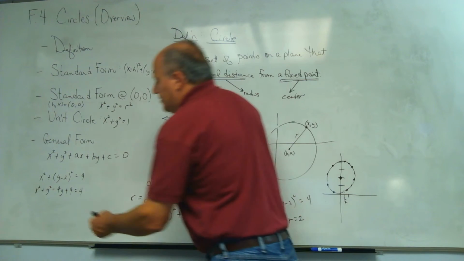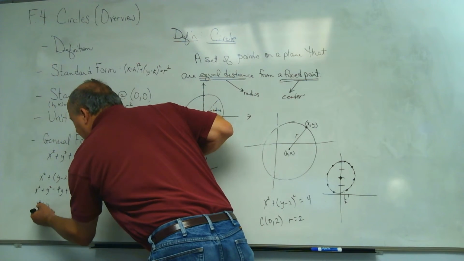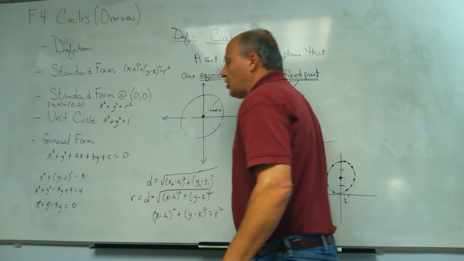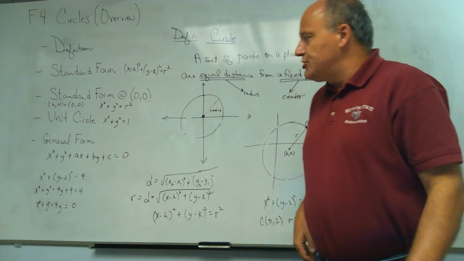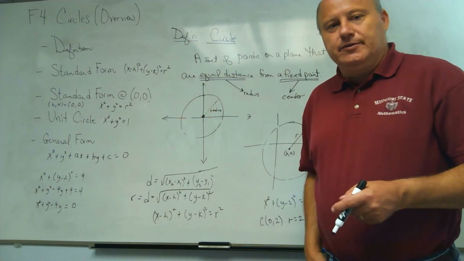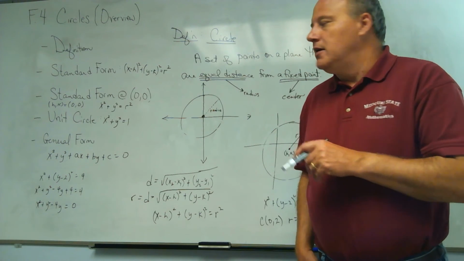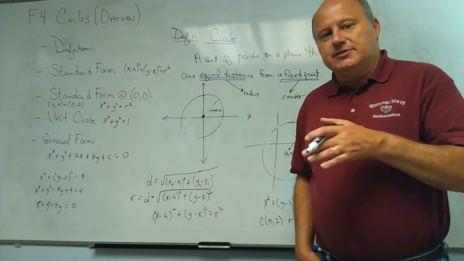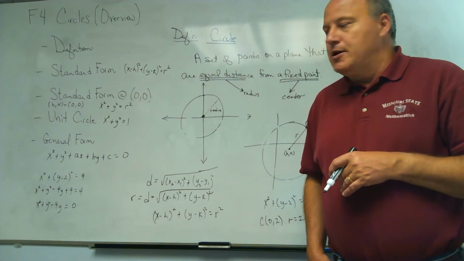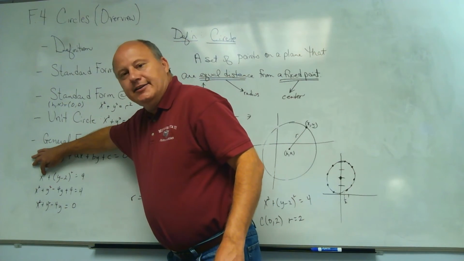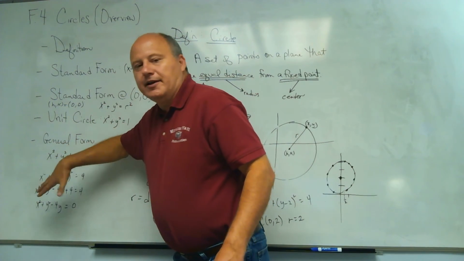And instead of equals 4, I get x squared plus y squared minus 4y equals 0. So in this particular case, there is no x term, so a is 0. The b would be negative 4, and c would be 0 because there's no constant term there. But sometimes if there's an x minus 3 squared here, then there would be an x term.